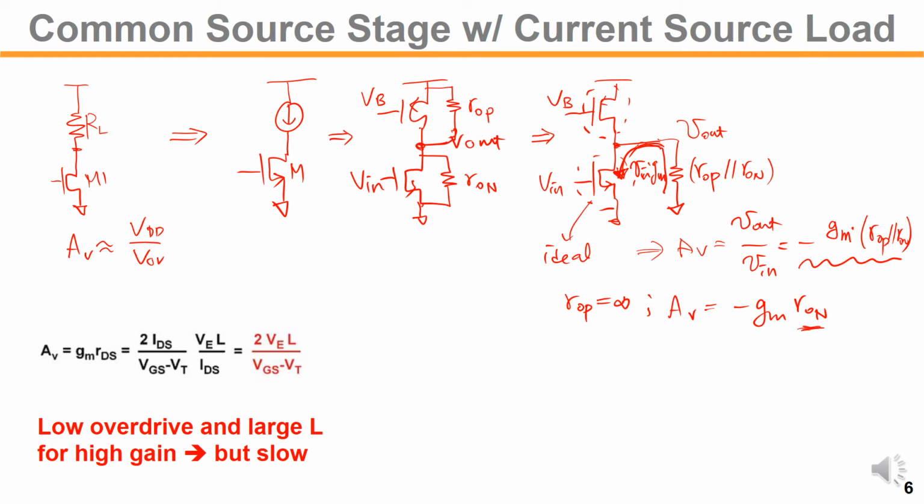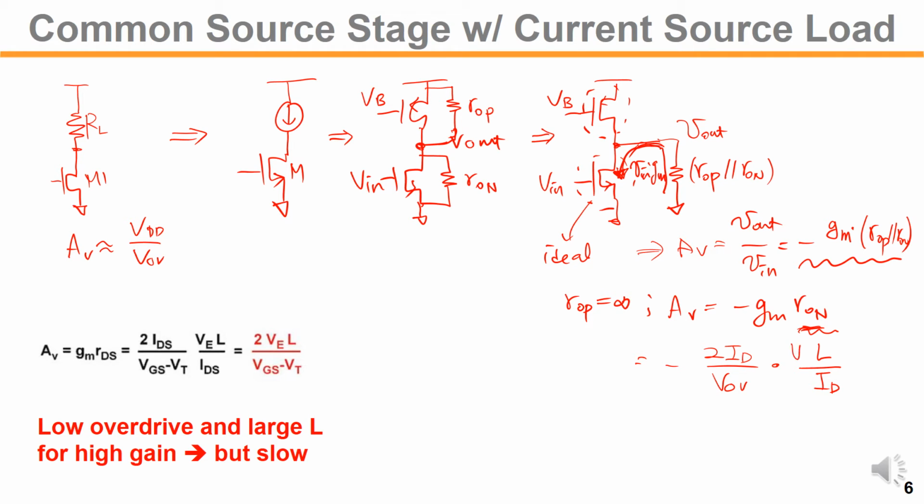This RON, we know that, so we can write down the equation for GM and RON. GM is 2ID over V overdrive. The output resistance of the transistor is proportional to L and inversely proportional to ID, right?